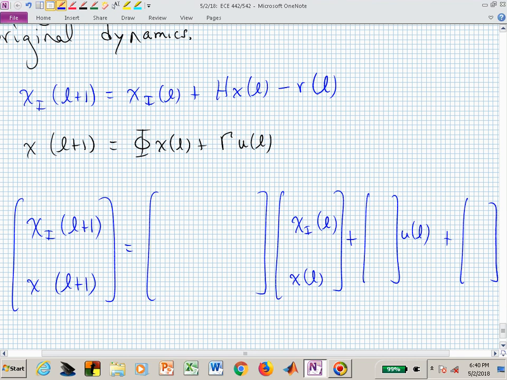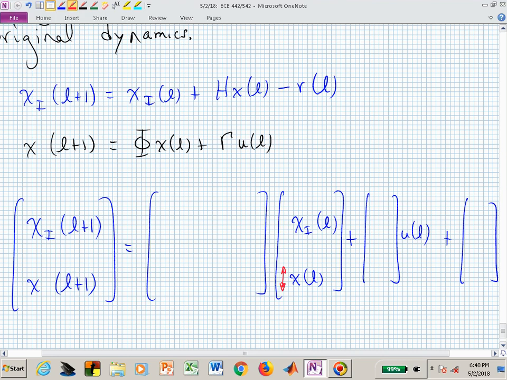Now I have a block matrix structure. How tall is this vector? That's our state vector, and we've been using n states, wasn't it? It's n tall.